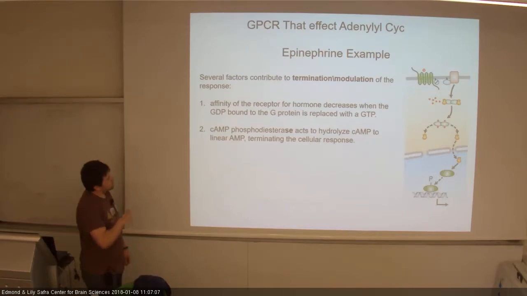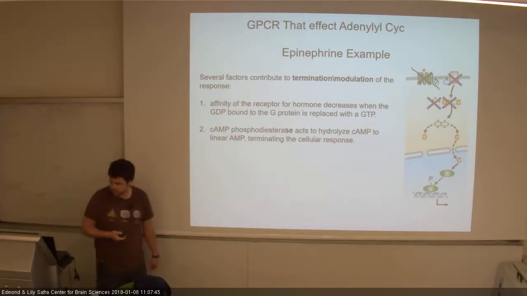Okay, and the normal termination of the signal, under normal circumstances, not very high signal, will happen either because the affinity of the receptor to the hormone will decrease over time because of the breaking down of the G protein, or an enzyme will break down the cyclic AMP from its cyclical form to a linear form, and will terminate the cellular response.